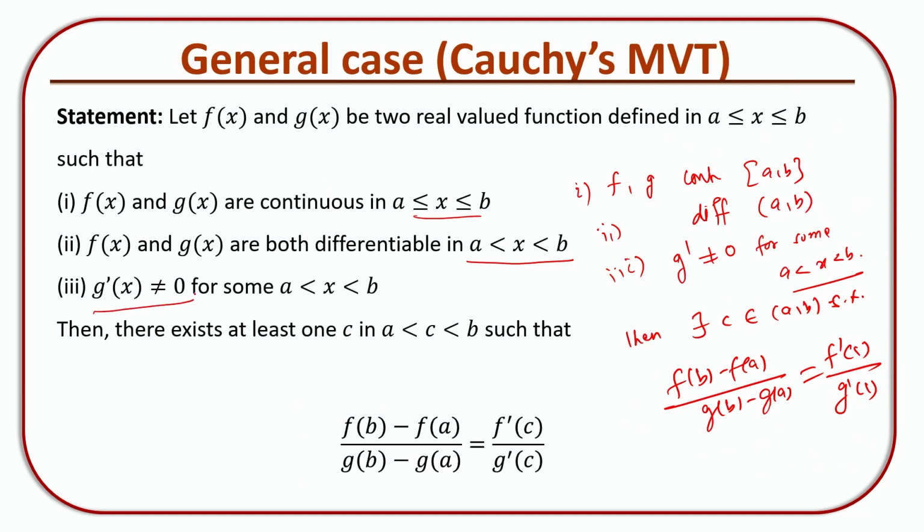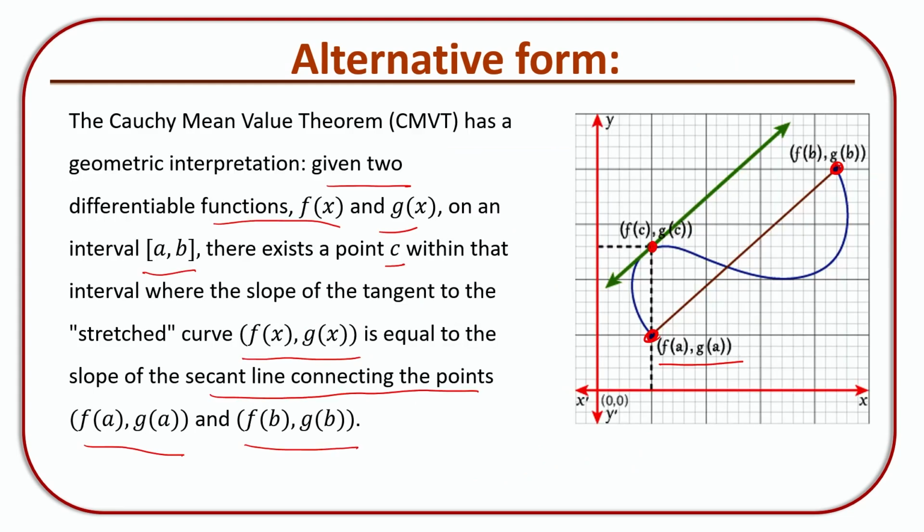So there exists a point c within the interval (a, b) where the slope of the tangent to the curve (f(x), g(x)) is equal to the slope of the secant line connecting those points. That means the chord joining (f(a), g(a)) and (f(b), g(b)) is parallel to the tangent line.